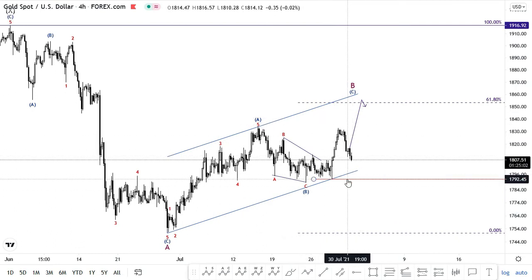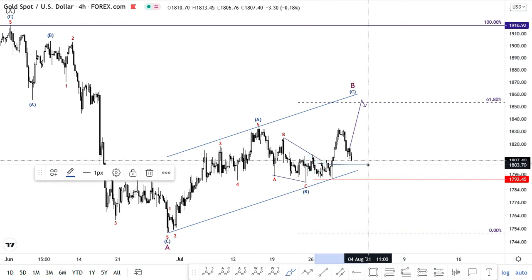We've been long on gold at around these areas, and being long on gold at around these areas helped us to capitalize just a bit of profit. But let me say that, okay, maybe we're just taking out a break even.